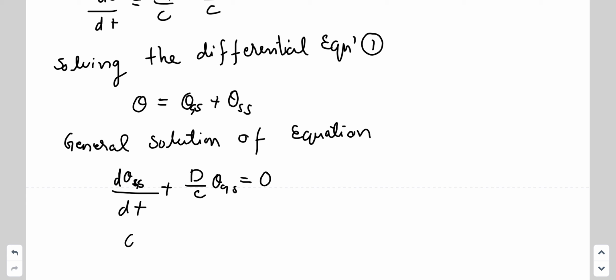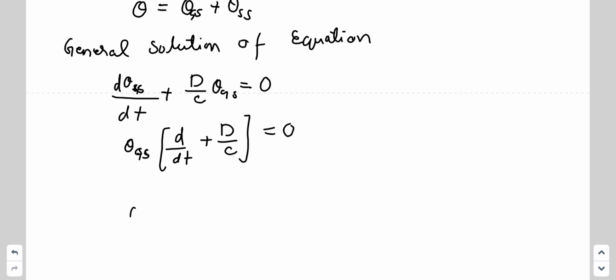So theta gs, d by dt plus D by C is equal to 0. So the theta gs will be K, the constant, into e to the power minus t D by C, and the C by D is the heating time constant.